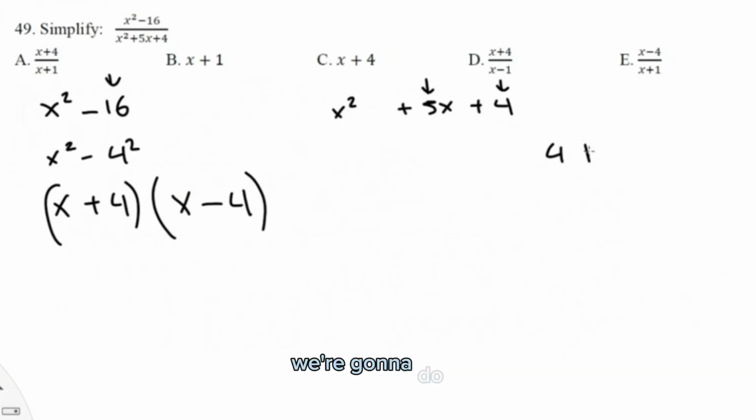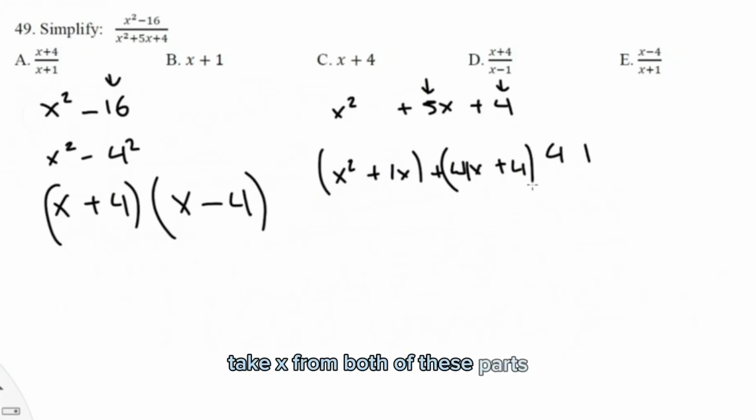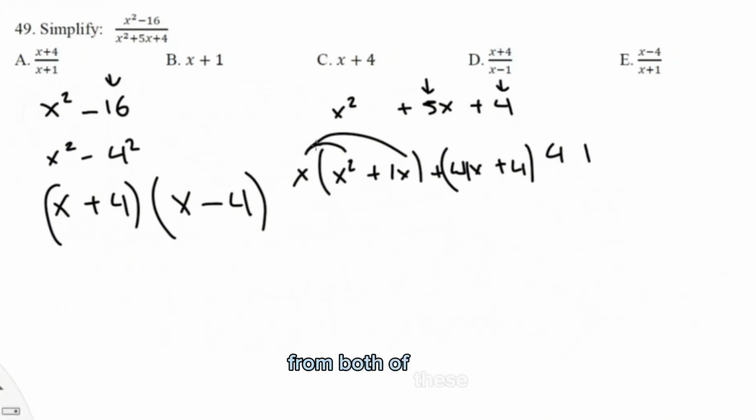Alright, so now what we're going to do is x squared plus 1x, or just x, plus 4x plus 4. Alright, so when we do this, we have to break this up and factor by grouping. So, x squared plus x, we can take x from both of these parts as a common factor. So we take out the x, and it becomes x plus 1. So we have x times x plus 1.